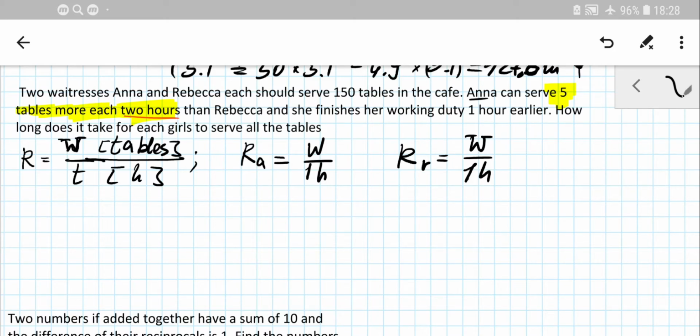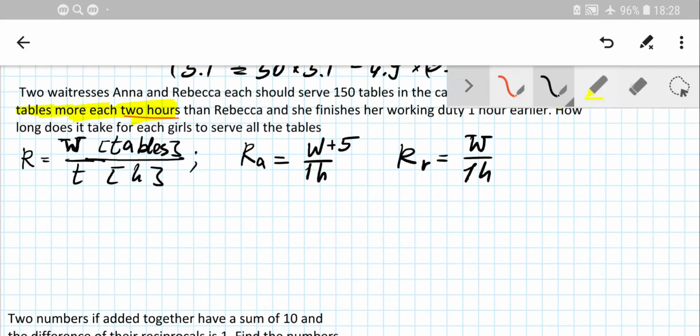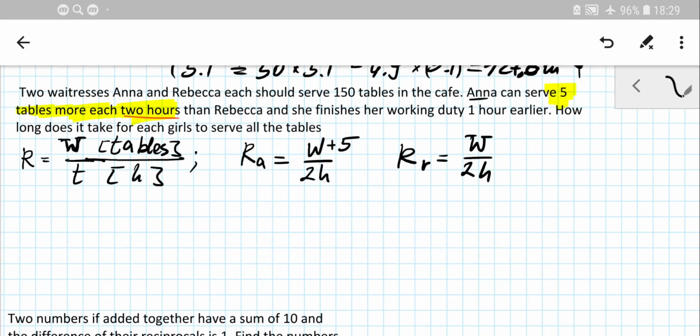So for every 2 hours, we can say that's plus 5 tables more, not for 1 hour now, but for 2 hours. The same as for Rebecca, it's work done for 2 hours, and Anna works better because she got 5 tables more. So that's the rates.